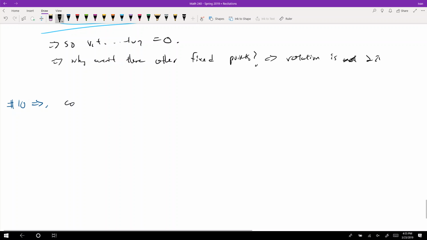Consider the transformation T from U22 to U22, the space of upper triangular 2 by 2 matrices.